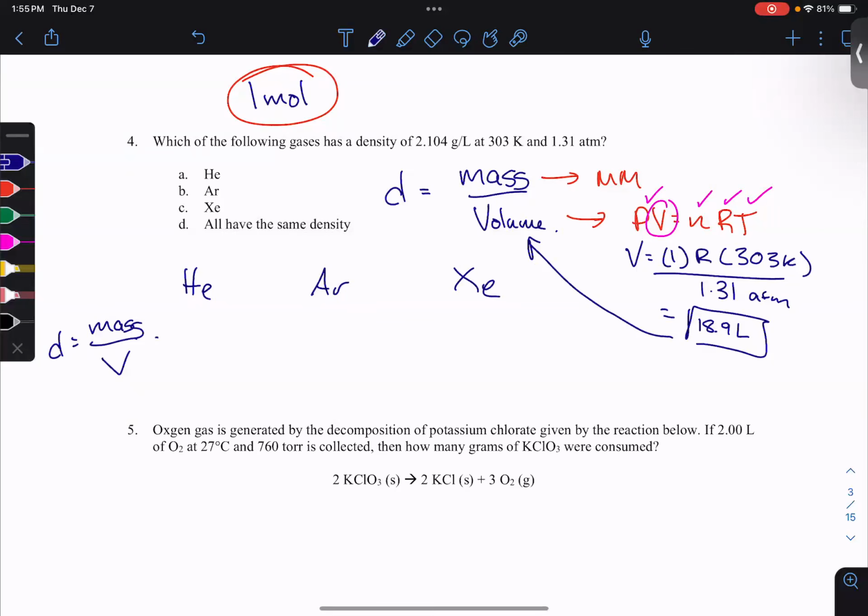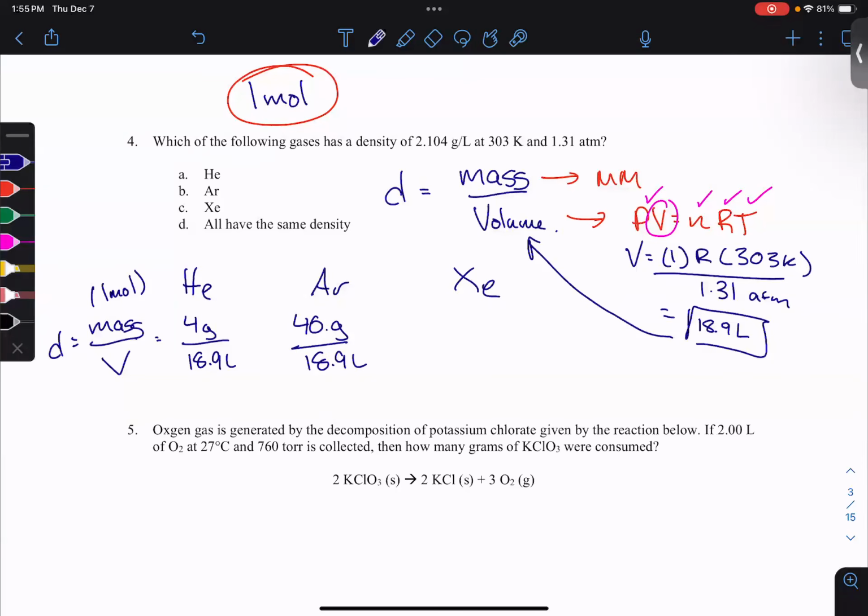For helium, the mass is basically 4 grams. Again, remember, we're working with 1 mole of gas. So 1 mole of helium is 4 grams over that 18.9 liters. Argon is basically 40 grams over 18.9 liters.